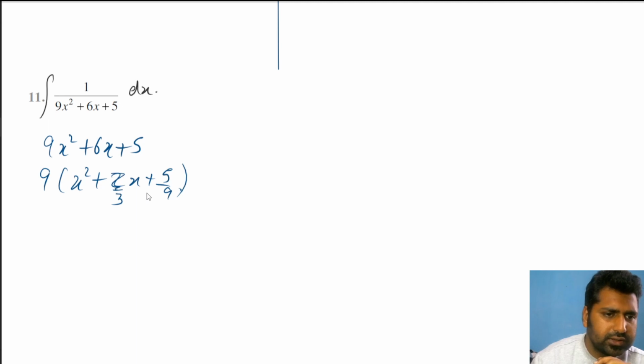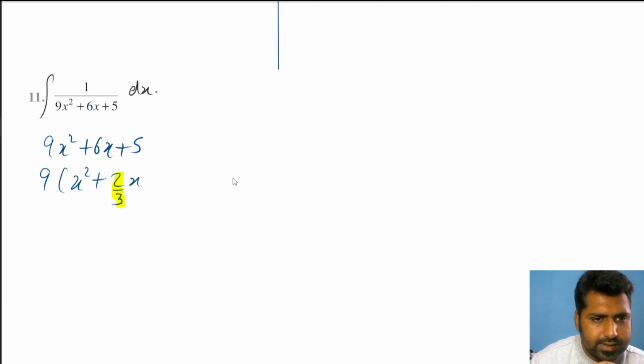Take this coefficient divided by 2. I'll write plus 5 by 9 later, because we have to add and subtract also, no?